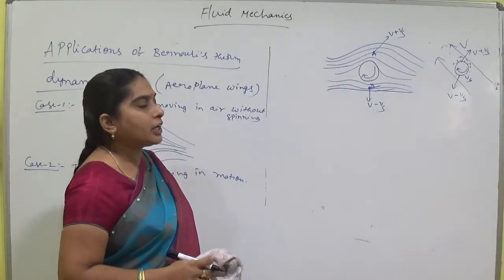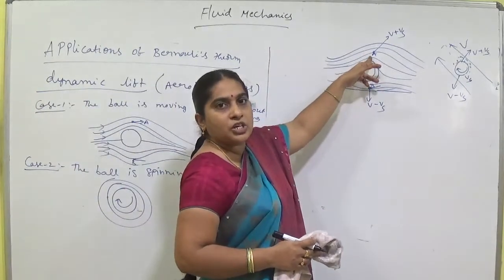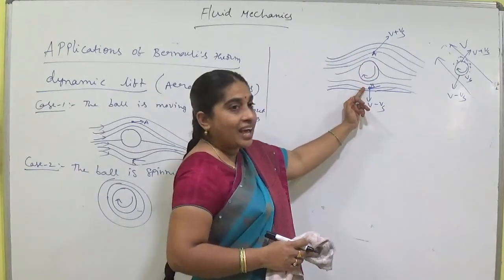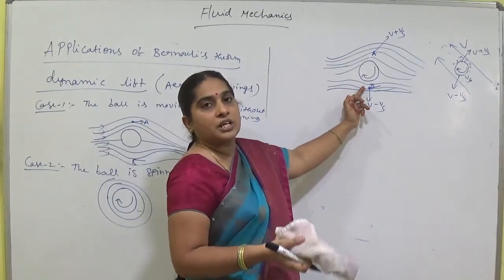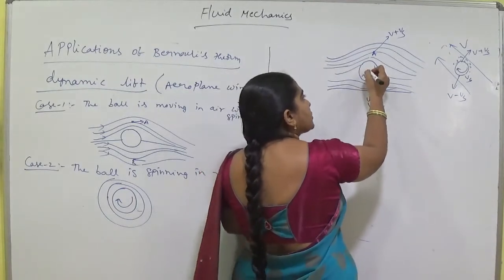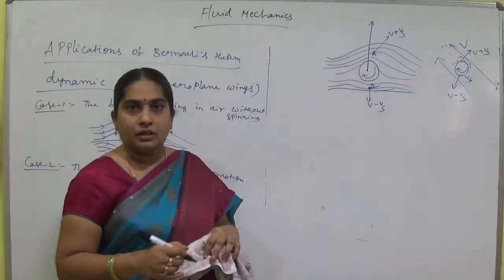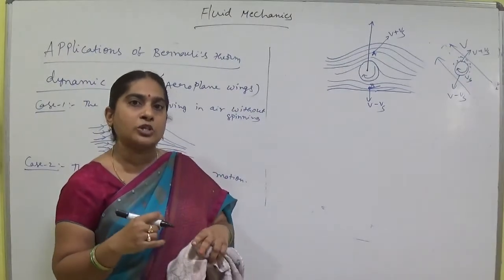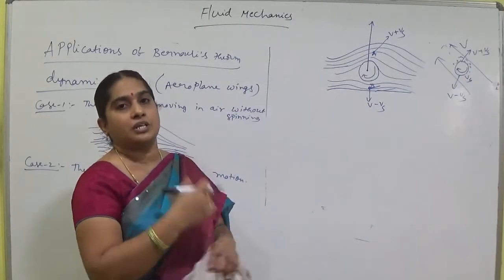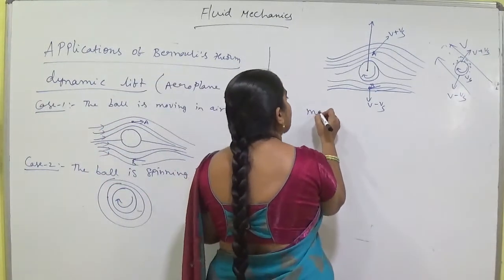According to Bernoulli's theorem, when velocity increases, pressure decreases; when velocity decreases, pressure increases. So there is a pressure difference and a net force acting on the ball. The ball spinning in motion experiences this effect, which is called the Magnus effect.